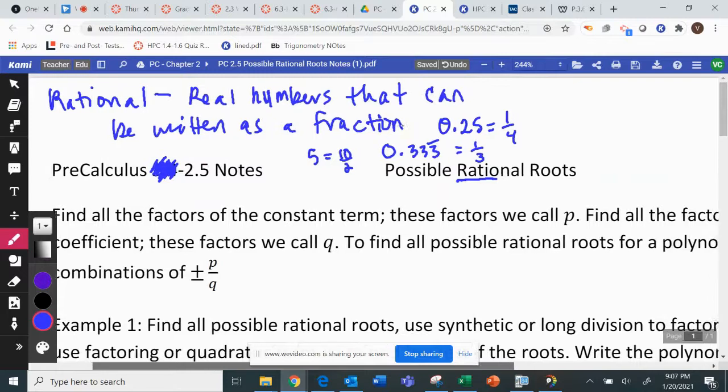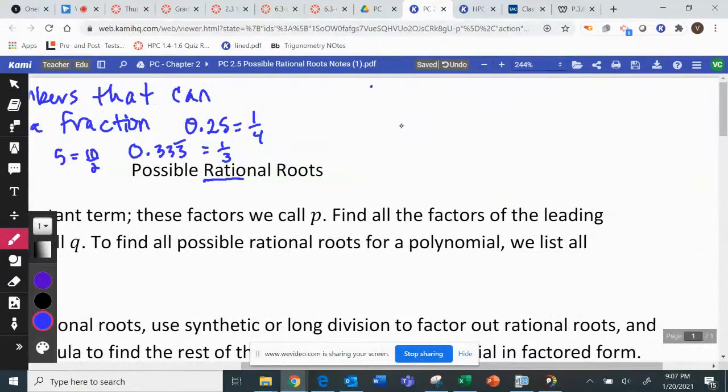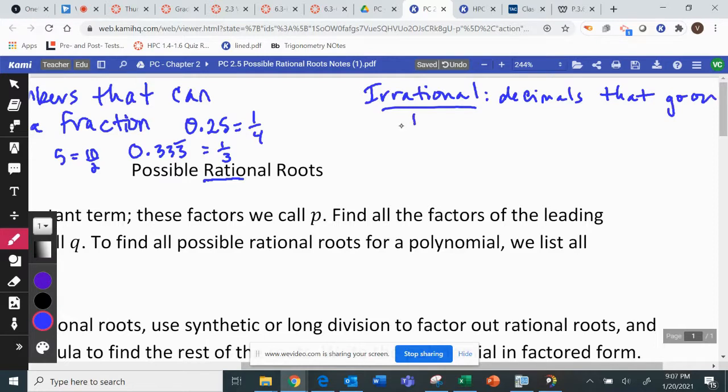And then we've got irrational numbers, which maybe you can guess, are numbers you cannot write as a fraction. They would be decimals that go on forever but do not repeat.